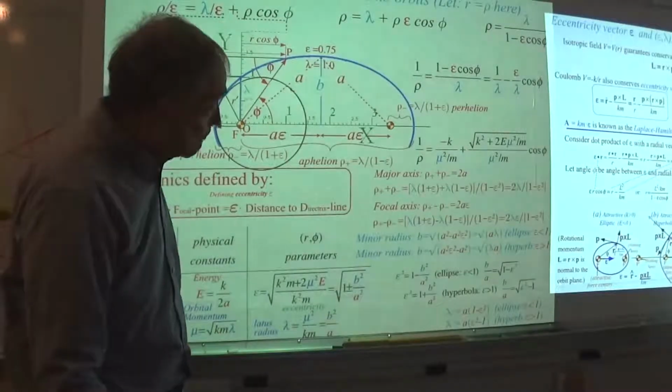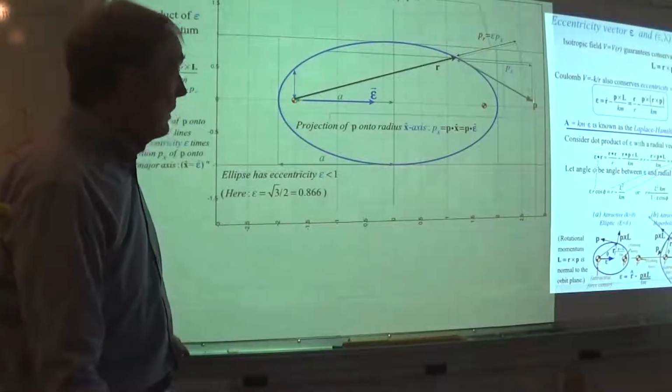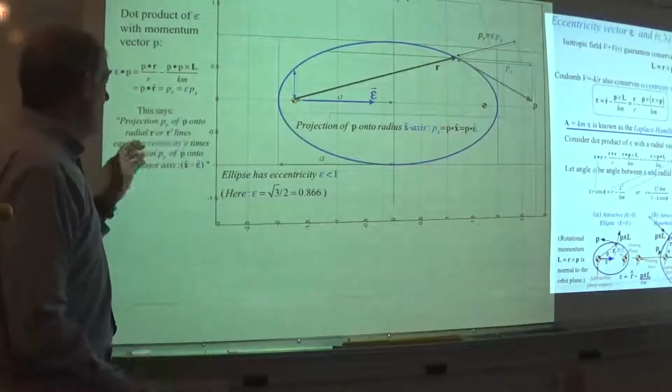So what I wanted to do now is talk a little bit about the geometry that has to do with the P dot R, but I'm not going to do much with that. It is a kind of a neat thing.